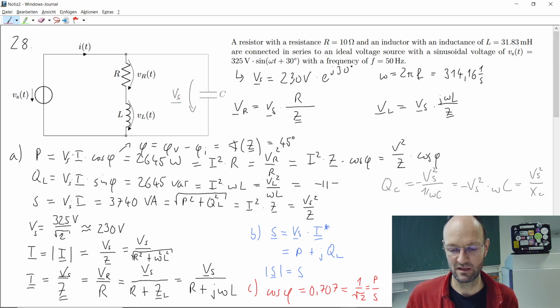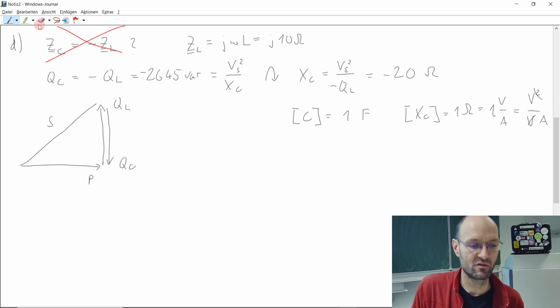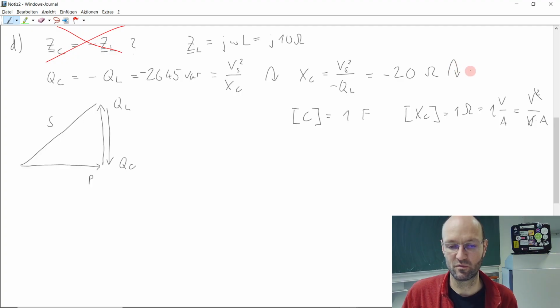But not in this case. Okay, so we have calculated this reactance, and then we can of course also say, not in red but maybe in gray, that now it follows from this that the complex impedance of the capacitor should be minus j 20 ohm, because it was just multiplied with the j.